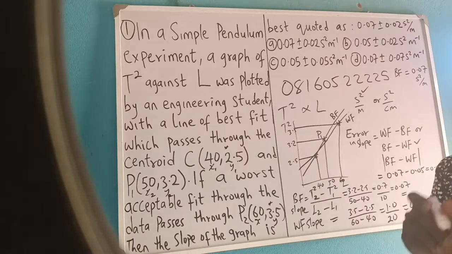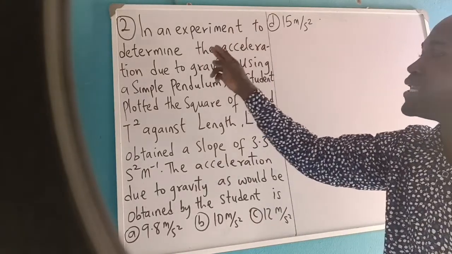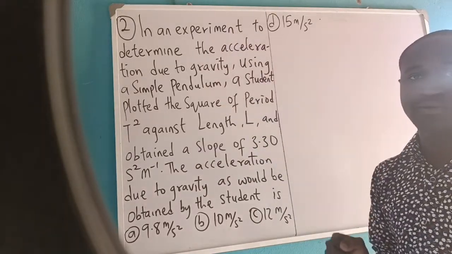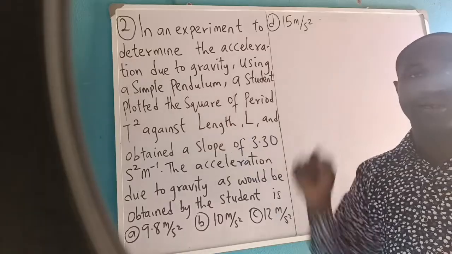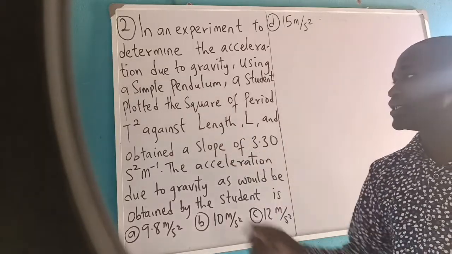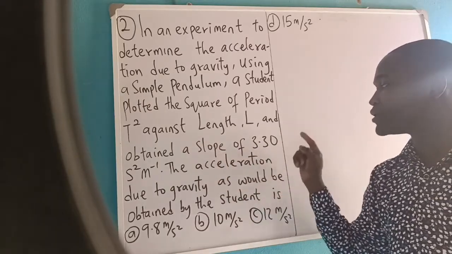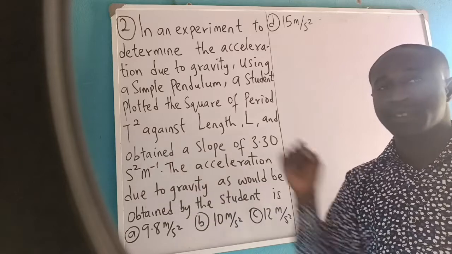Let's go to question number 2. In an experiment to determine the acceleration due to gravity using a simple pendulum, a student plotted the square of period T squared against length L and obtained a slope of 3.30 seconds square per meter.